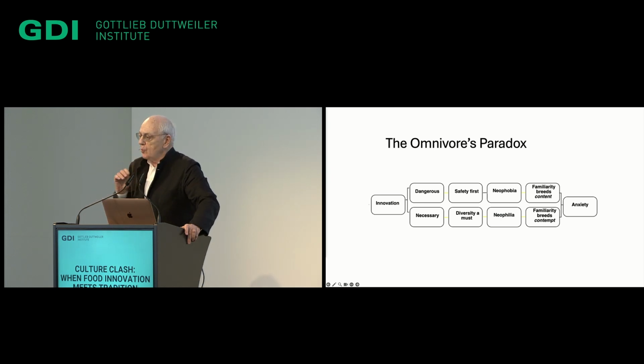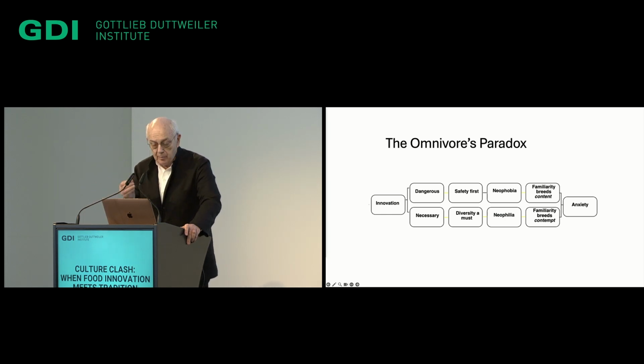We do not, in a way, have a choice. We have to have a diverse diet, minimally diverse, because we are not biologically able to synthesize all the essential amino acids that we need, okay? So diversity is not just a freedom, it is an obligation.